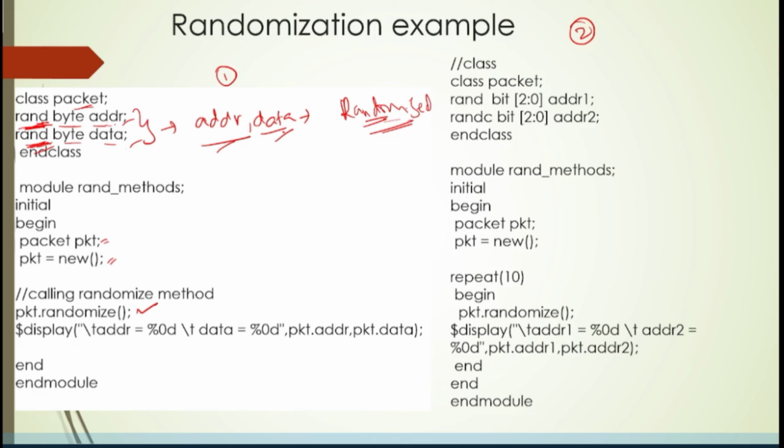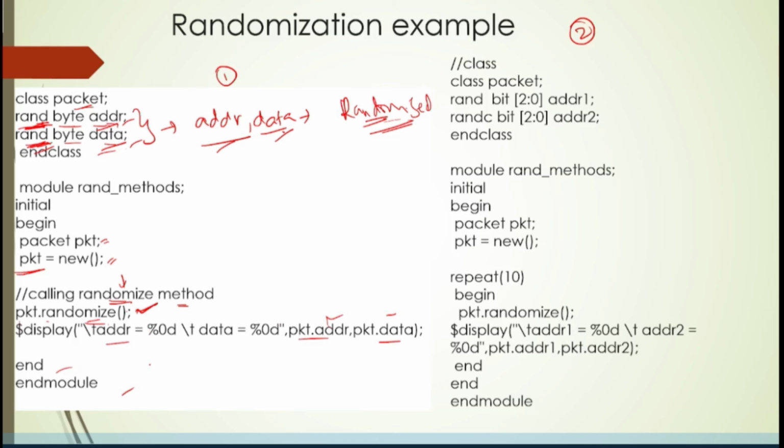In order to produce the random value, you have to call the randomize method. This is already inbuilt in the SystemVerilog library, and by calling packet.randomize with the packet handle, these two will be randomized. If you give the display, the random values for address and data will be displayed. And end module.